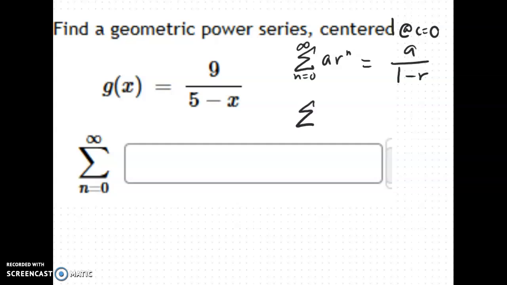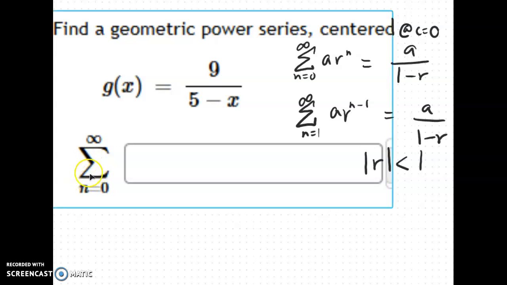And then there's this other form where the n starts at 1, and it looks like this, a times r to the n minus 1, but the sum of it is still a over 1 minus r. So r is the common ratio, and keep in mind that the series will converge as long as the absolute value of the common ratio is less than 1.